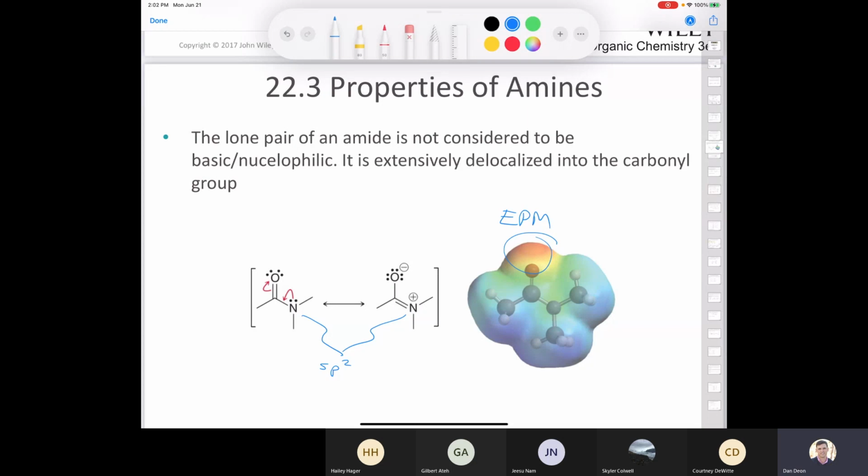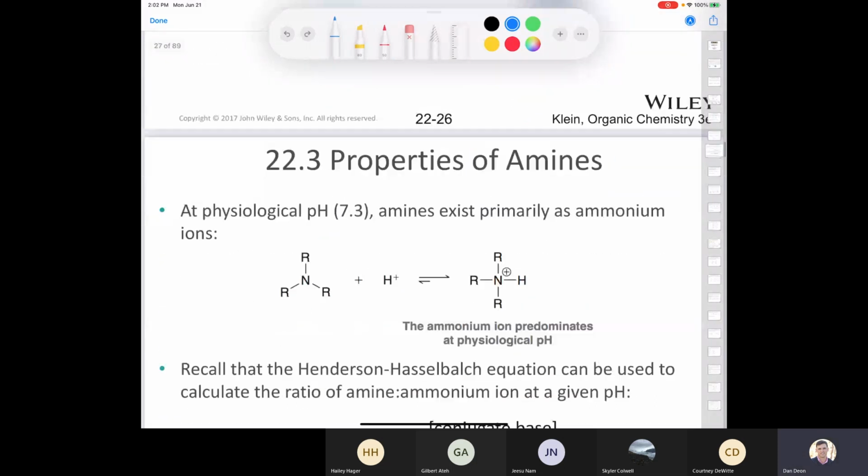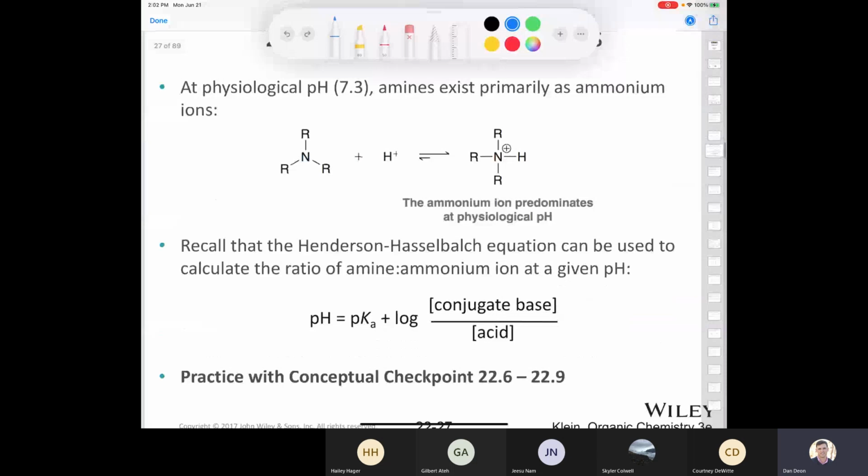And so an amide is not considered to be basic or nucleophilic. Why? Again, because most of the electron density of this lone pair is up on the oxygen like that.